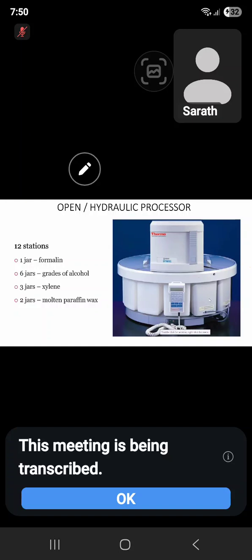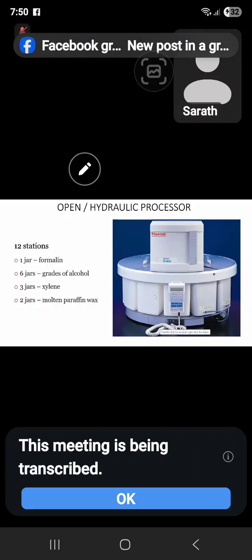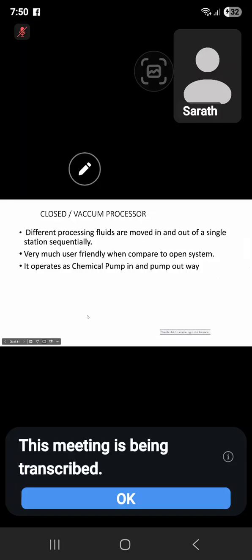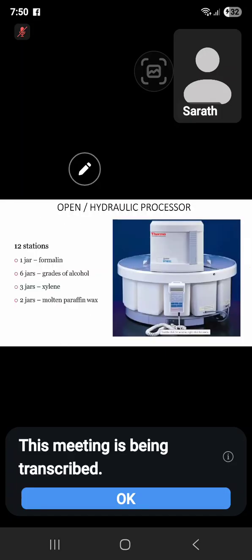In these paraffin wax containers, the temperature should be maintained about 5 degrees above the melting point of wax, right? So this is the traditional hydraulic type open system. This is called an open system, and there's another one called a closed system. In the first one, what will happen? We are loading the tissue.